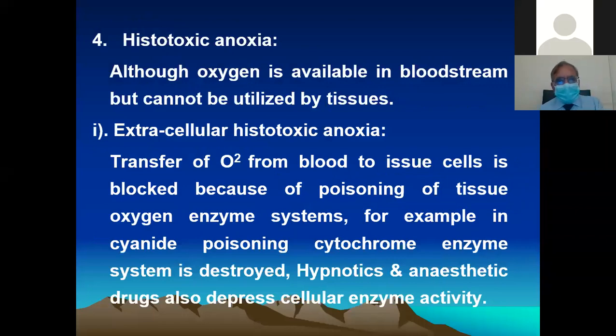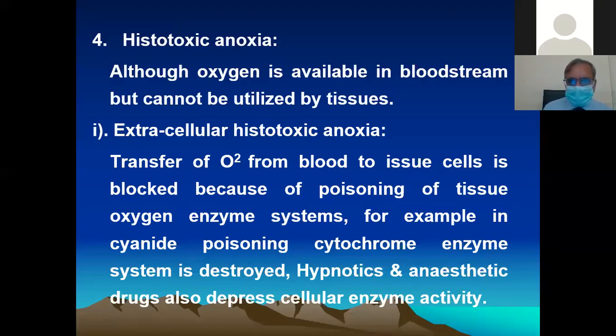Fourth is histotoxic anoxia. Here again, the oxygen is available in the bloodstream, but it cannot be utilized by the tissues because its delivery or entry into the cells where it can be utilized is affected.